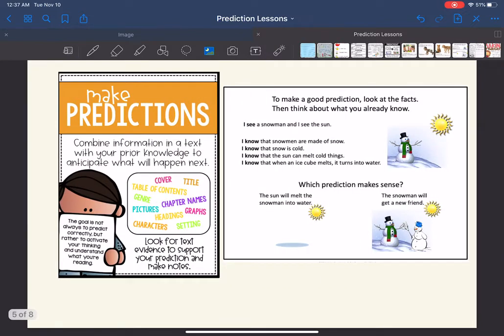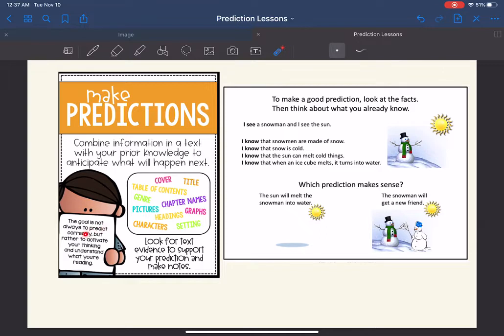So making predictions means you're going to combine information in a text with your prior knowledge to anticipate what will happen next. We might look at the cover of our book, the title, the characters and settings, the pictures, and maybe even the author for the patterns that are happening across texts.